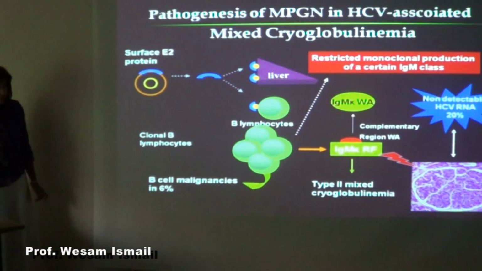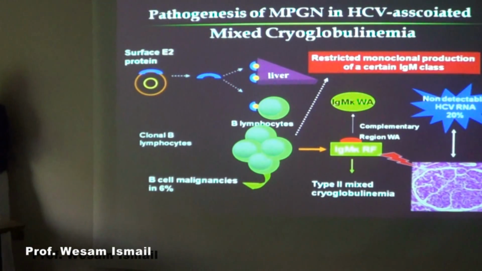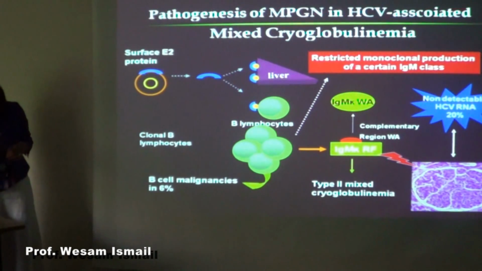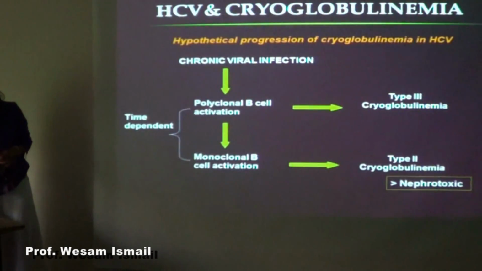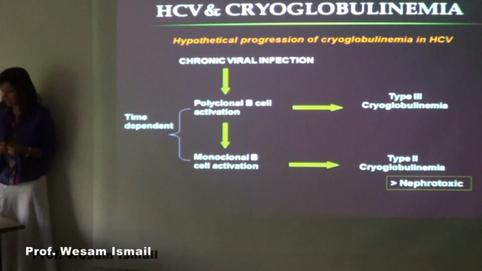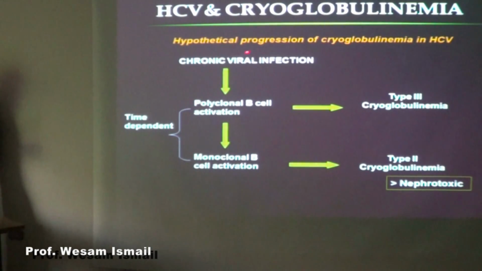So at the end of the day, you get a restricted monoclonal production of a certain IgM class, which is IgM kappa, and together you get all of this cryoprecipitate, and this is how you end up with membranoproliferative glomerulonephritis in hepatitis C. What is the hypothetical progression of these cryoglobulins? We think that the chronic viral infection first leads to polyclonal B-cell activation. And this polyclonal B-cell activation gives you in the beginning a type 3 cryoglobulinemia, which makes sense.